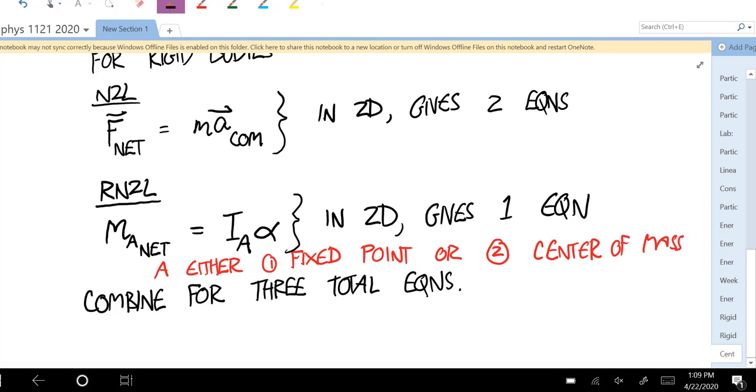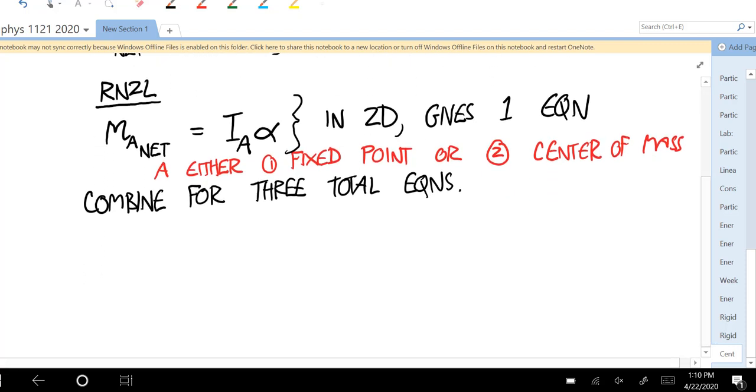Okay, well, before we can use these equations and figure out useful things with objects, we have to define a few things.